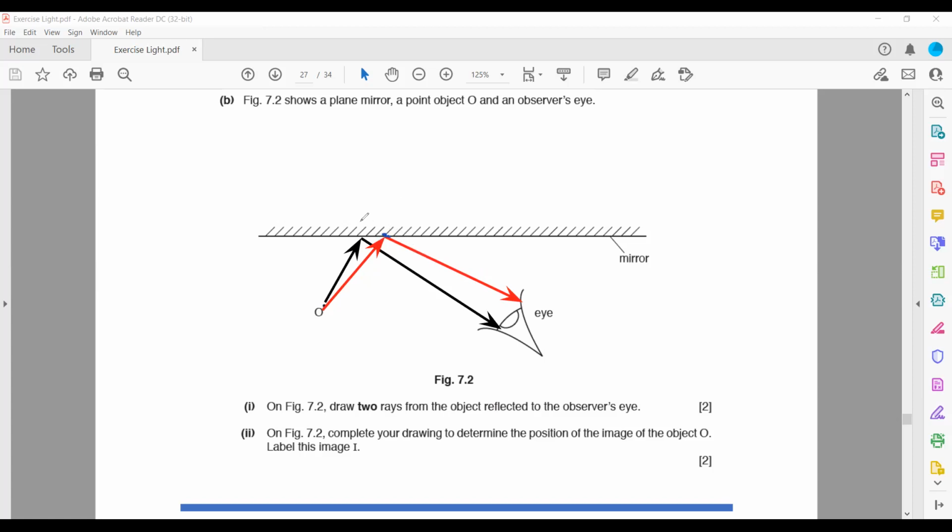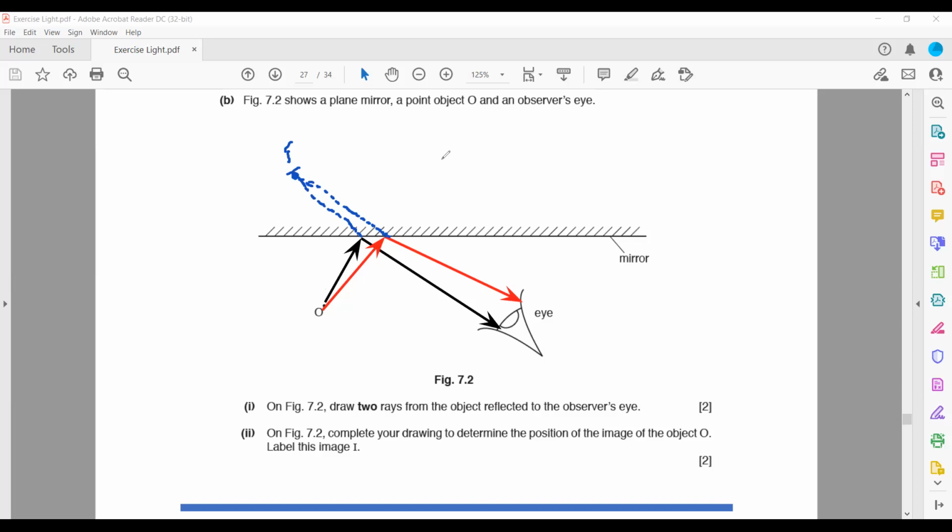So we produce the two light rays backward. The point where the two light rays intersect, by imagination, should be along a straight line. I'm using a dotted line here, but you should use a ruler and just join them. The point where the two light rays intersect will be the position of the image.